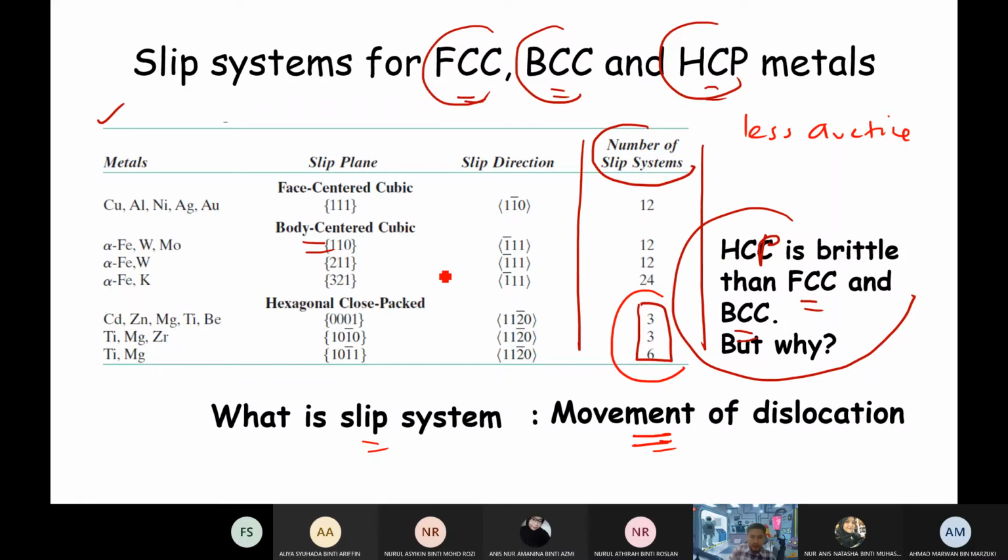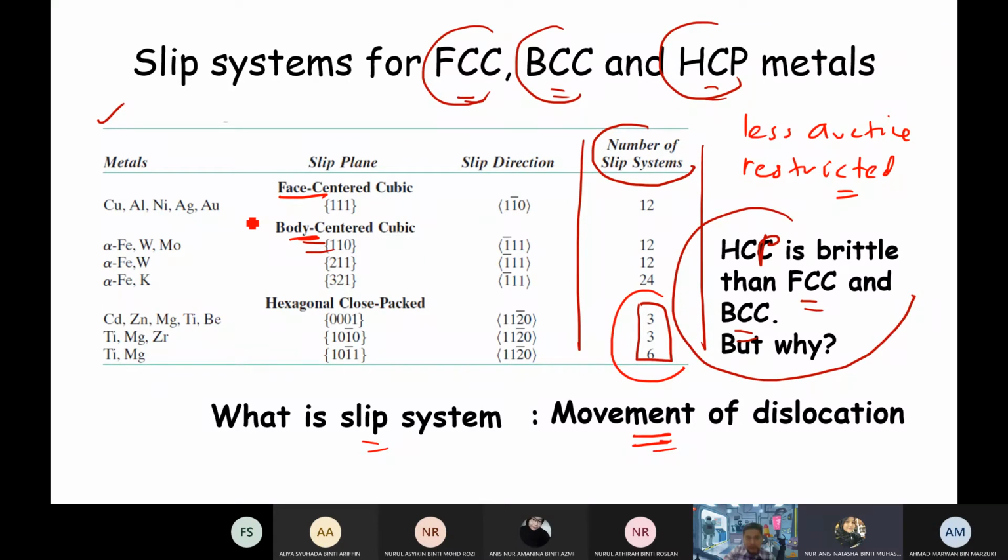So if we have a less number here, meaning that for HCP, the movement of a dislocation is restricted. Betul? So as a result, HCP is less ductile than these two.